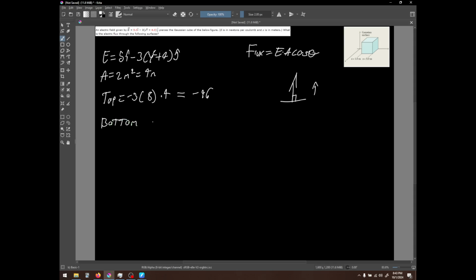And now the bottom. And the bottom's going to be -3 times 8 times 4. Oh, might be -8. Let's see. Well, no, no, no. Y squared. 0? Is it 0?